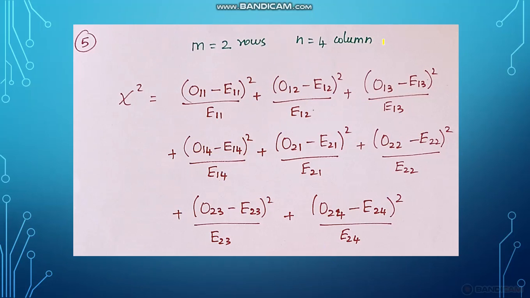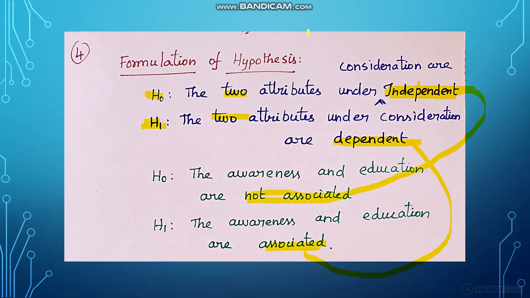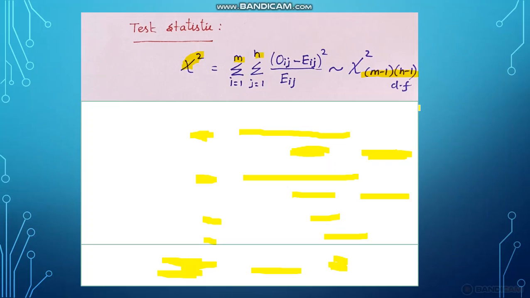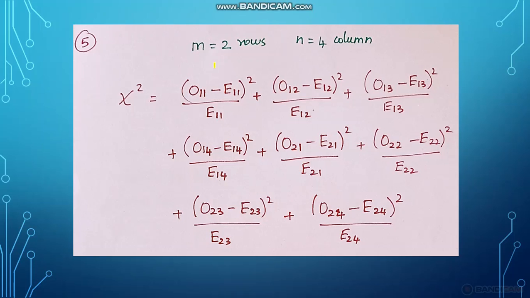In this example we have 2 rows and 4 columns, so m is 2 rows and n is 4 columns.